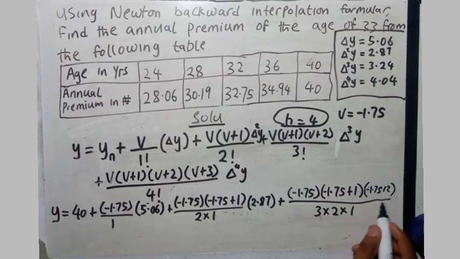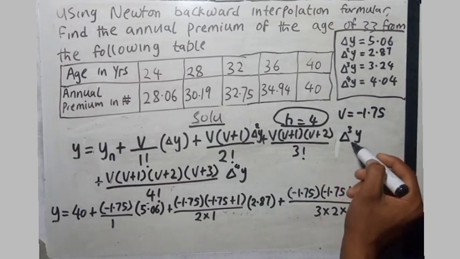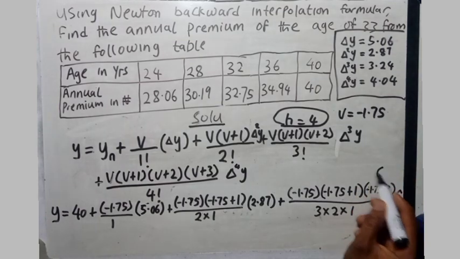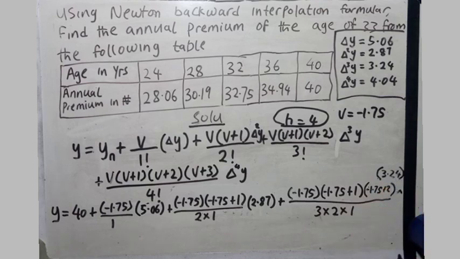Then remember, we are meant to be multiplying something here, which is the third change in y, which is 3.24.